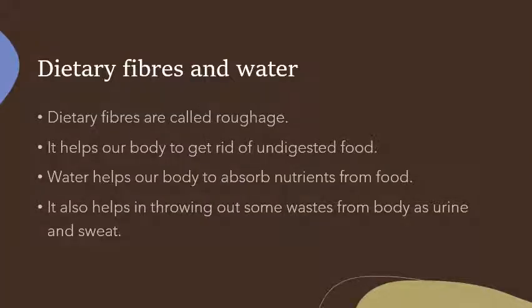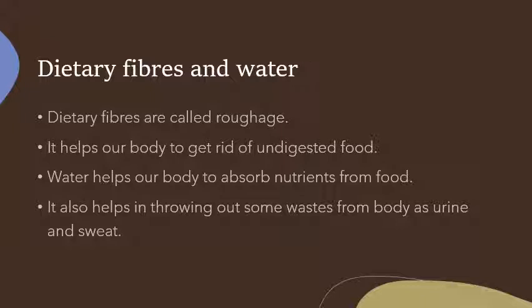Next is dietary fibers and water. Dietary fibers means besides the nutrients our body needs dietary fibers and water. Dietary fibers are also known as roughage. Roughage is mainly provided by plant products in our food.